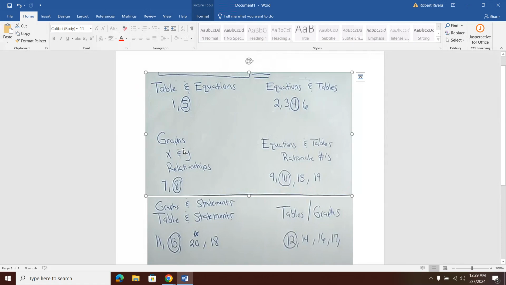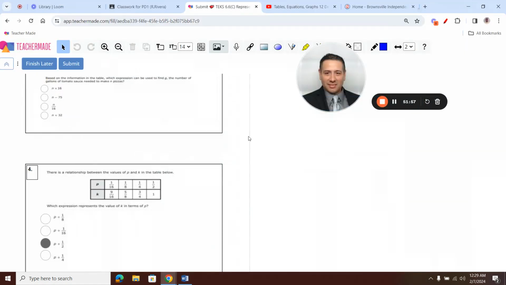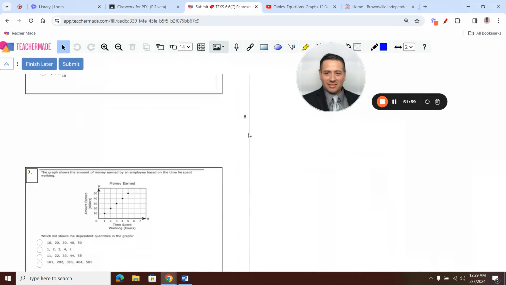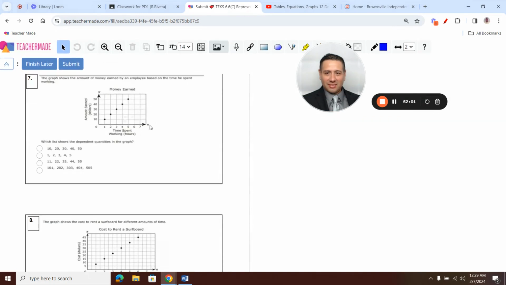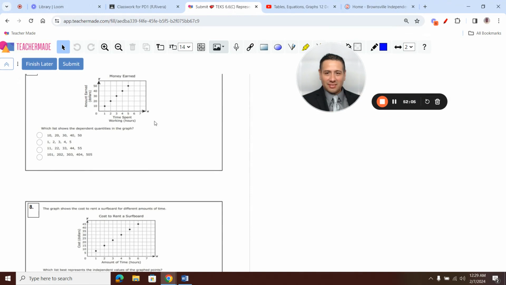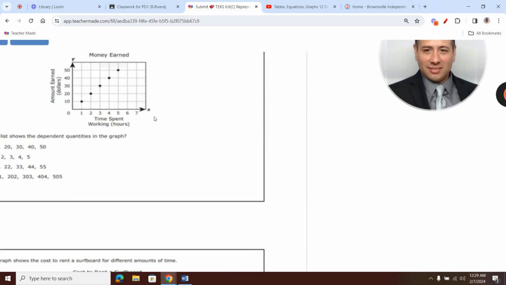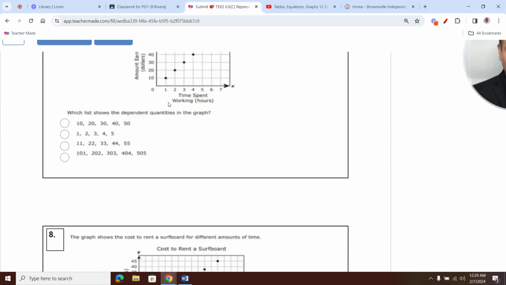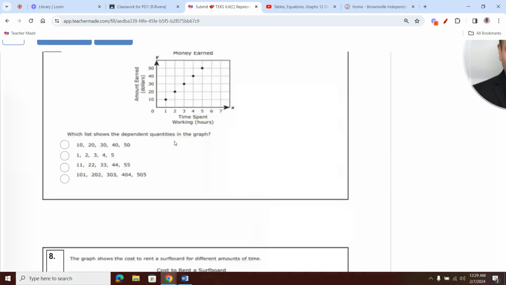7 and 8, graphs and relationships. The X and Y relationship, 7 and 8. So here's your 7, here's your 8. They give you a graph. They gave you a graph.